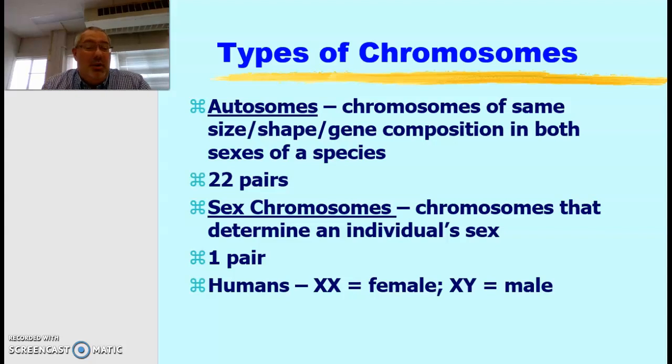We as humans have 46 chromosomes. 44 of them tend to be autosomes, and 2 of them tend to be sex chromosomes. A human male will inherit an X and a Y sex chromosome, and a human female will inherit 2 X sex chromosomes.